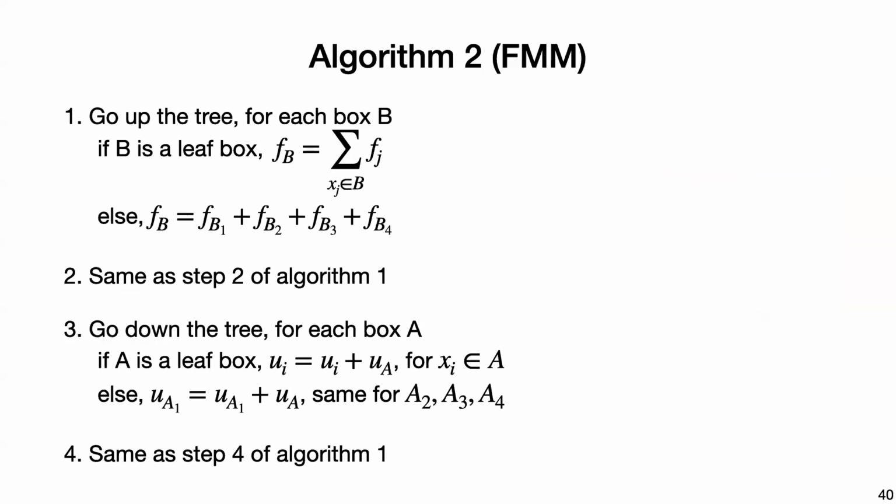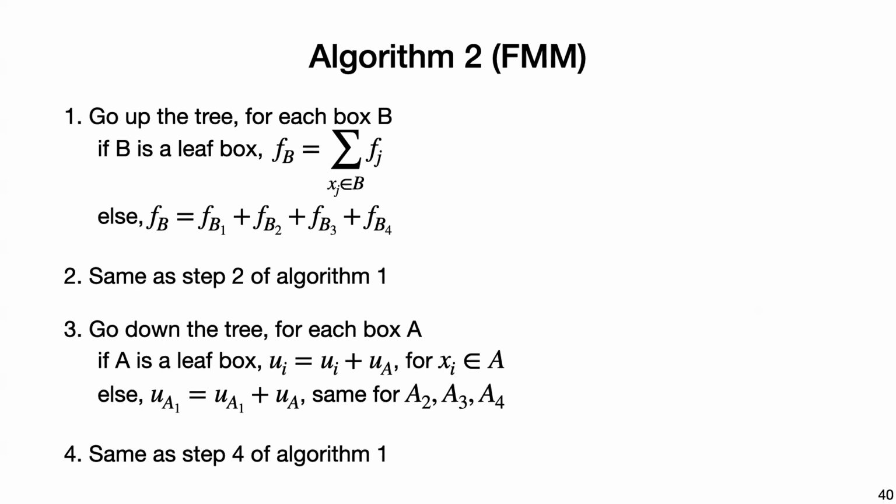So now we have the ability to do the FMM. The only things that have changed are step one and step three. Step two, which was the actual going over the interaction list and the neighbors, stays the same. And step four, which was doing the near calculations on all the leaves, is also the same. The things that have changed are this pre-computation of the forces and this pushing down of the results.